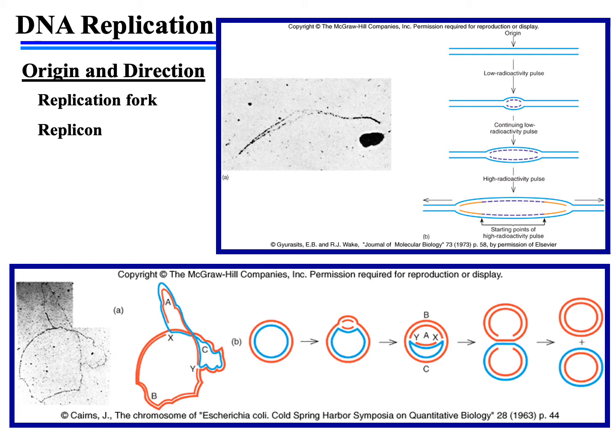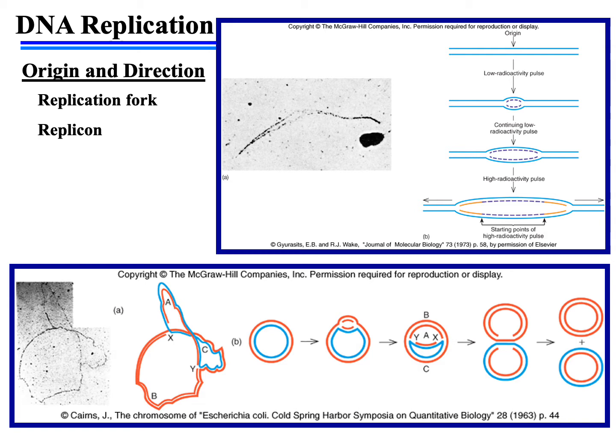They do in fact need a replication origin. So again, the answer to the question is there is a specific set of sequences that are required for the initiation of replication. These are referred to as the replication origin, and in E. coli it is specifically referred to as OriC.